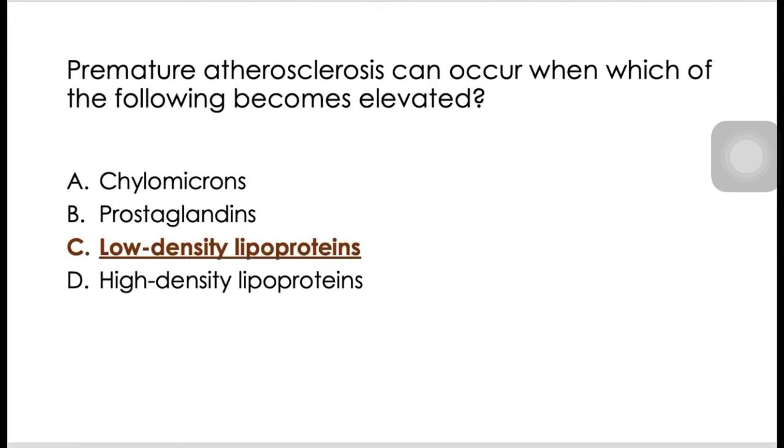Okay, so ano po ba yung atherosclerosis? Atherosclerosis is characterized by a thickening or hardening of our arterial walls because of the formation of cholesterol, wherein it deposits in our peripheral tissue, forming cholesterol plaques, particularly in the lining of our arteries.